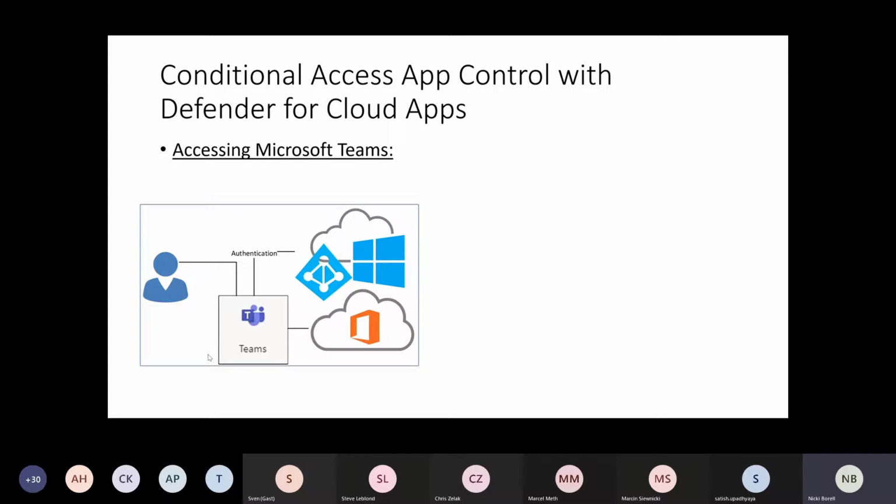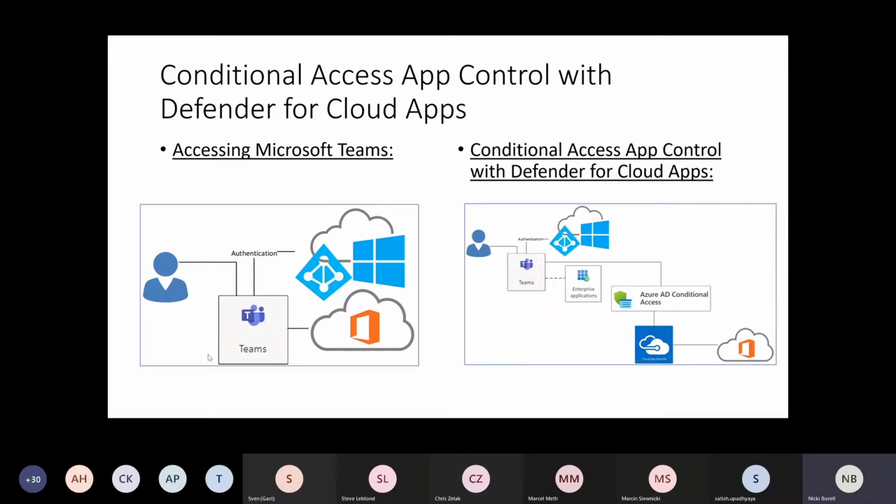If you use Defender for Cloud Apps in this scenario, it does what a classic proxy does: the user is authenticated by Azure Active Directory, but then the access to Microsoft Teams is redirected, using a conditional access policy, to Defender for Cloud Apps.